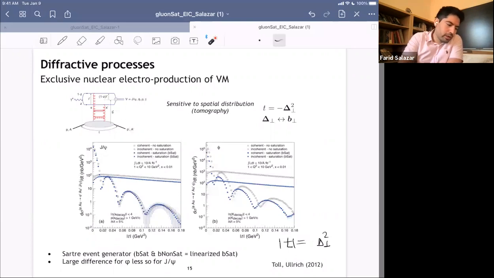And you see here the deviations are larger for the right figure than on the left figure, because here one is probing larger scales. So once you go to very heavy mesons, you're probing the dilute regime, so you're less sensitive to saturated physics.